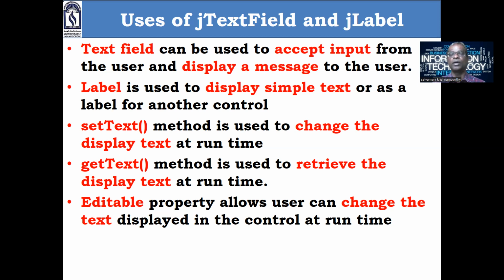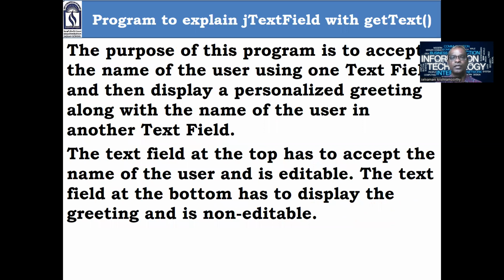True means it will allow the user to change the text. False means it won't allow. That you must understand. Text field and label both come under control. SetText and getText both come under method. But editable is a property. Is it fine? Good.